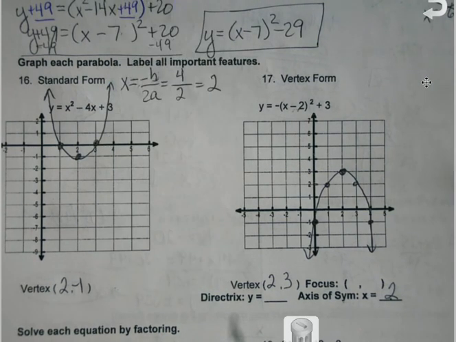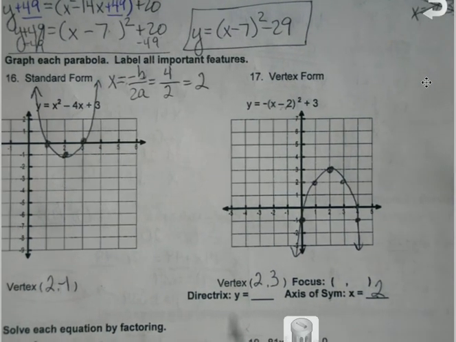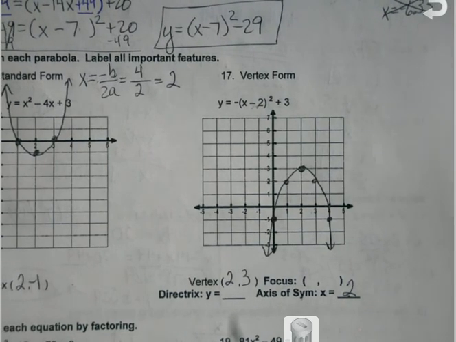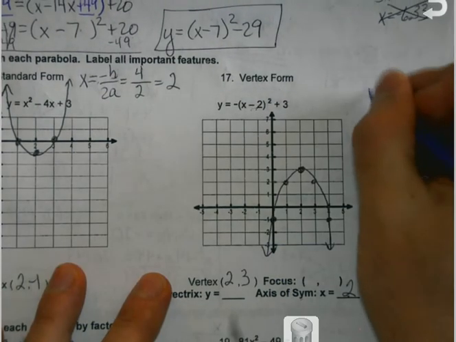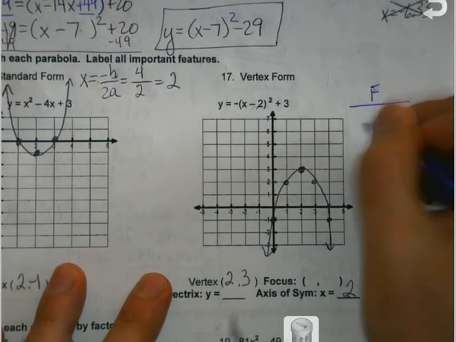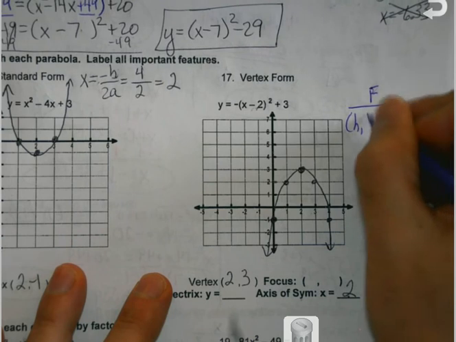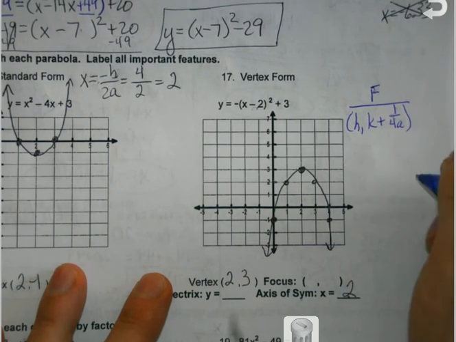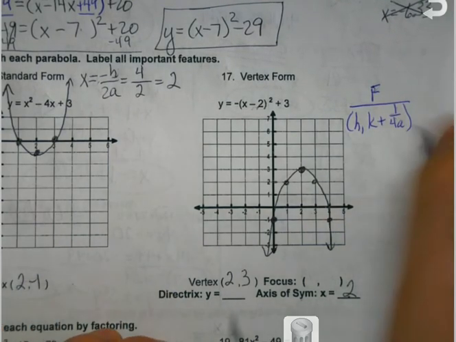So the only thing mathematically I'm going to have to do for this whole problem is the focus and directrix. So I'll give you a quick reminder, but again, you can use the green sheet. So focus, reminder, is h, k plus 1 over 4a. You're like, okay, what's all this stuff again?